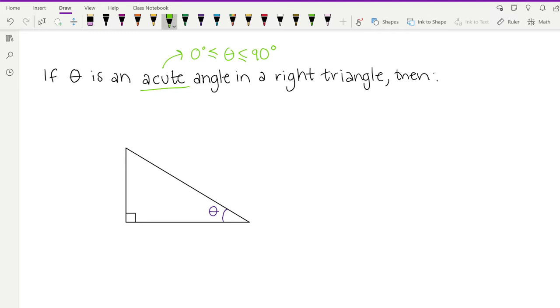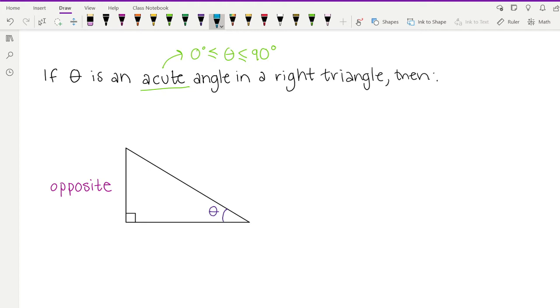Okay, so how do we define all these different trig functions? Well, if you have a right triangle and your triangle contains this angle theta, we can label the different sides of this triangle relative to theta. I'm going to label the side that is across from the angle as the opposite side, because it's directly across from the angle.